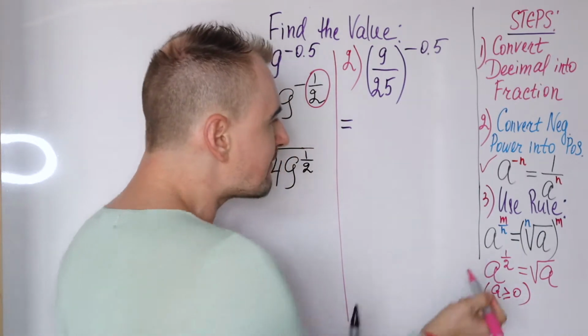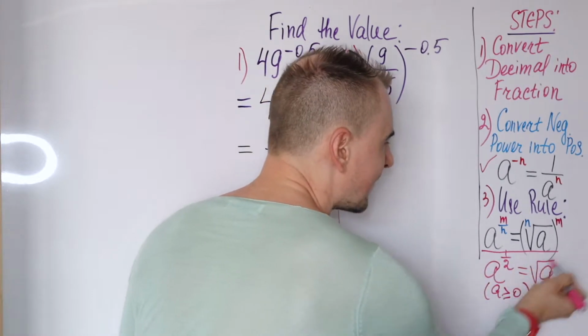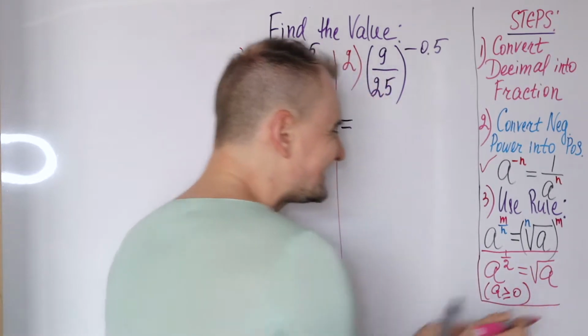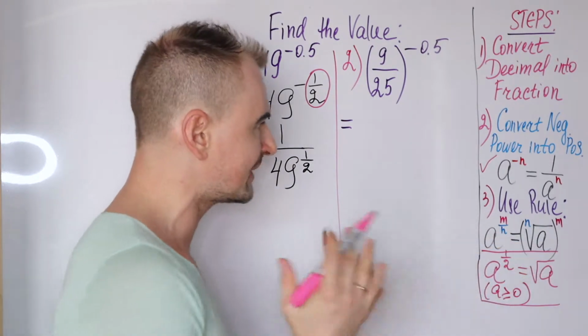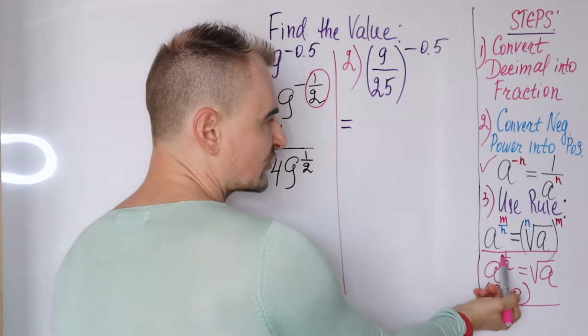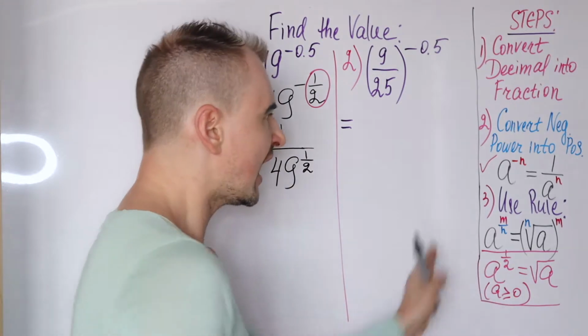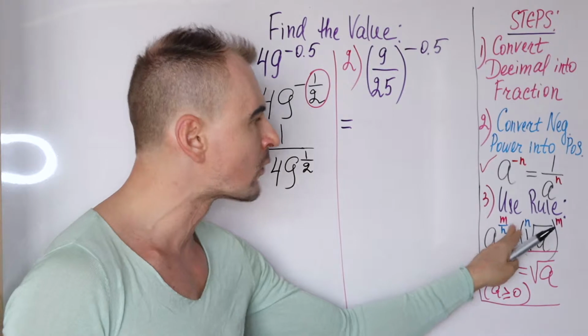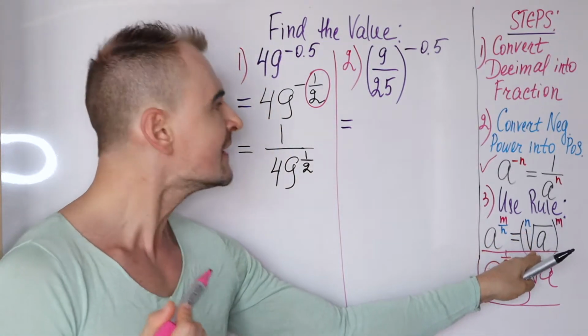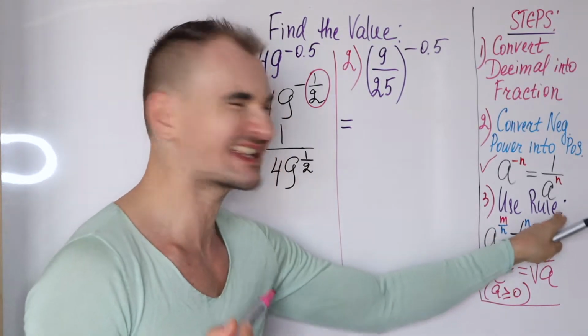Some people think of this property as a separate property, but it derives from that property. So you could match up. Your m is 1, your n is 2. All that says is your bottom number n goes as an index for your root, and your top number goes as a power.